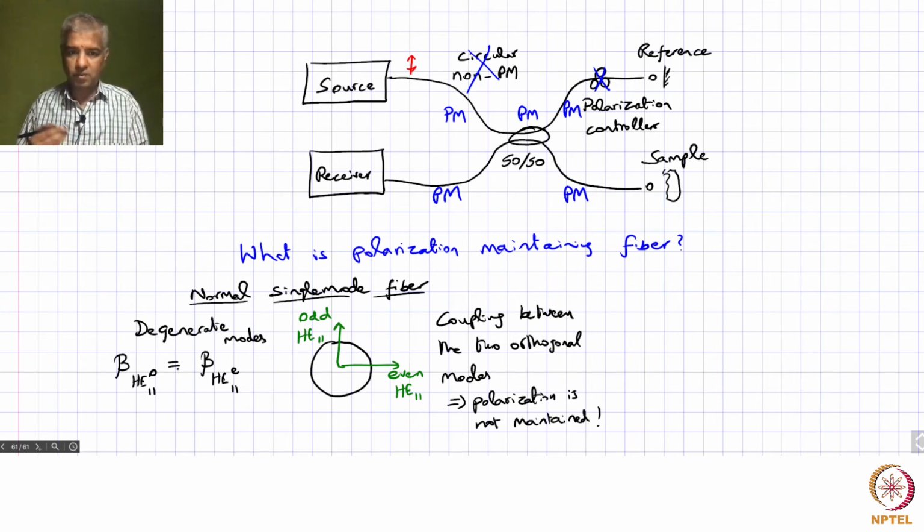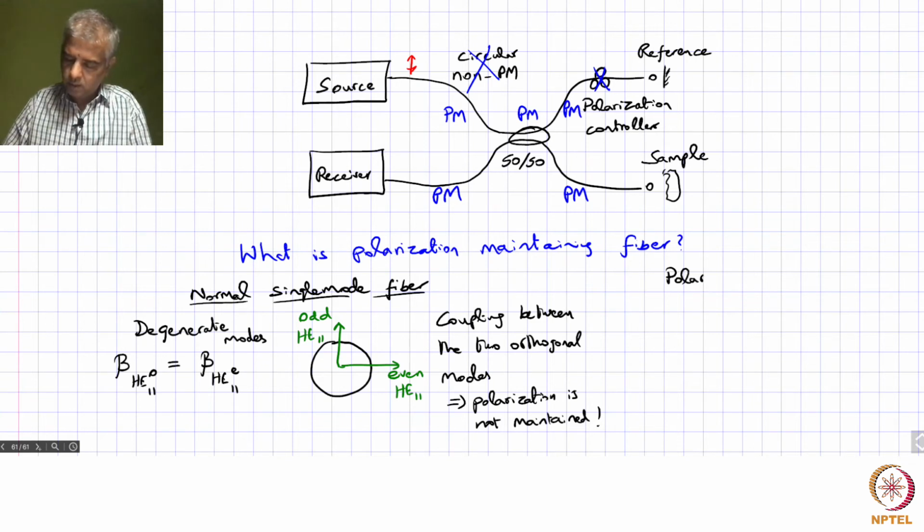When you break the degeneracy, the beta values are different, and if they are different, then the coupling from this mode to this mode is not going to happen in an effective manner. So you are able to keep this polarized mode propagating down the fiber for a longer distance.